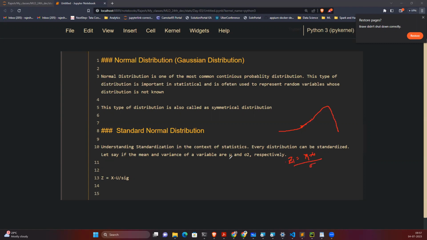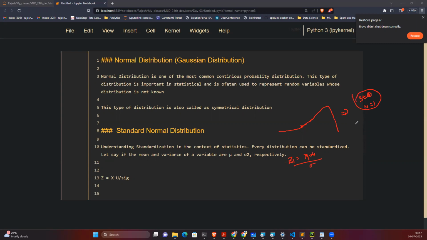Similarly z2, z3, z4. If we do these things, automatically you will see the mean will be 0 and the standard deviation will be 1. It's simple if you try to understand what we are doing.